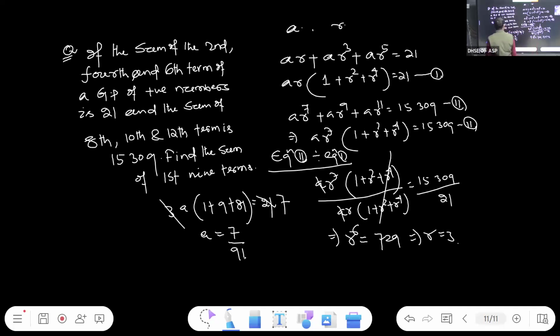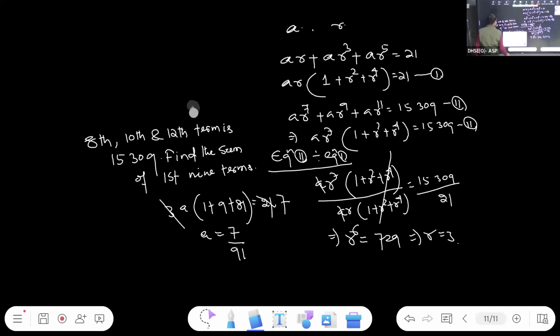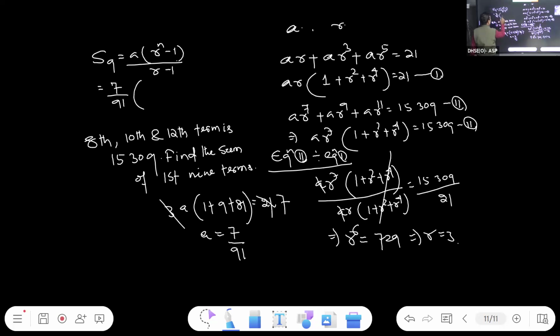We have to find out the sum of the first 9 terms, S9. S9 is equal to a into r to the power n minus 1 upon r minus 1. a is equal to 7 upon 91 into 3 to the power 9 minus 1 upon 3 minus 1, which is equal to 757.